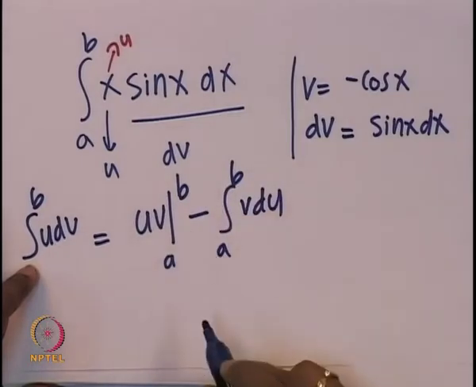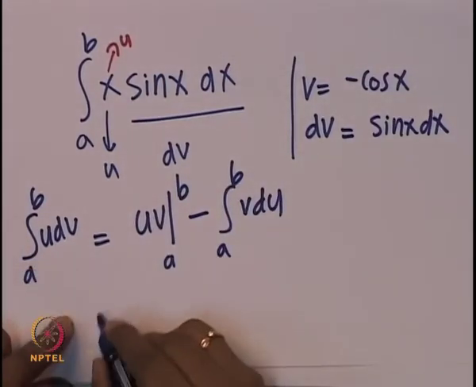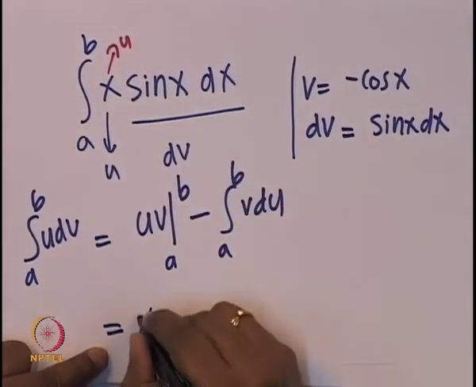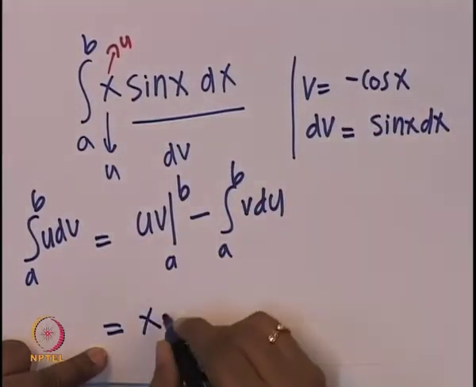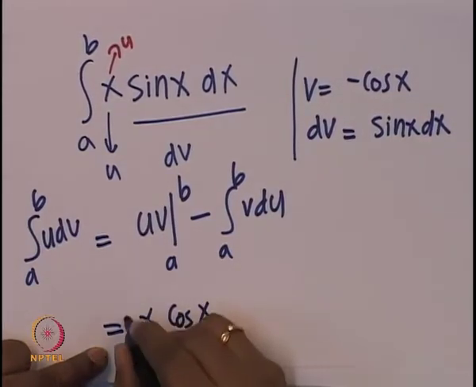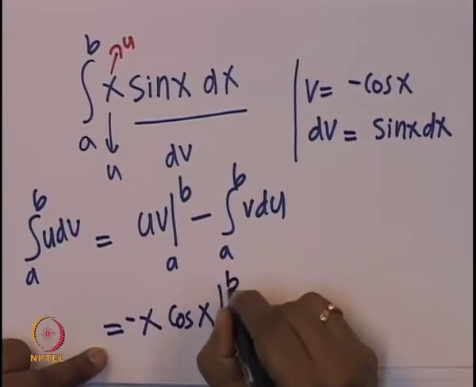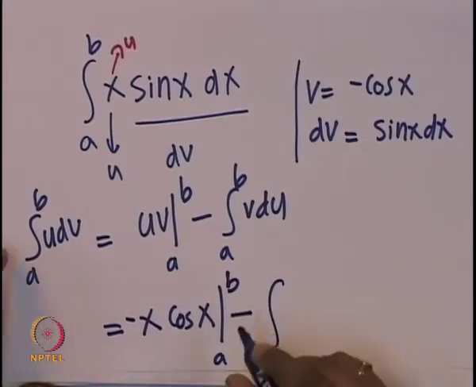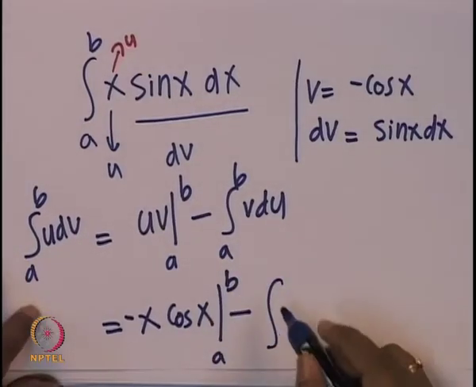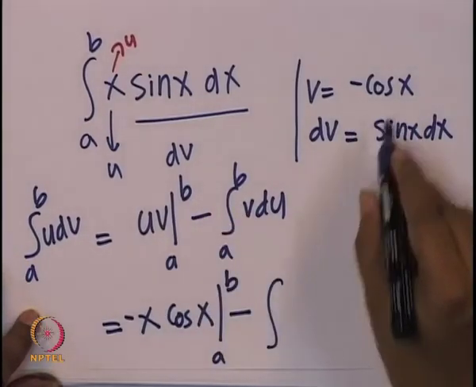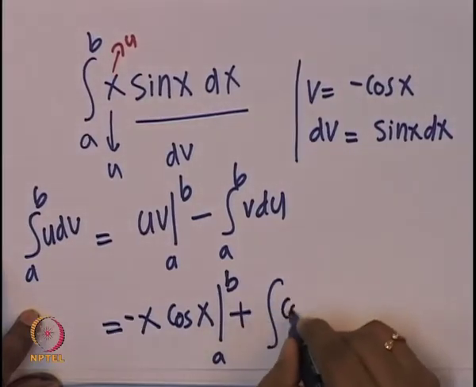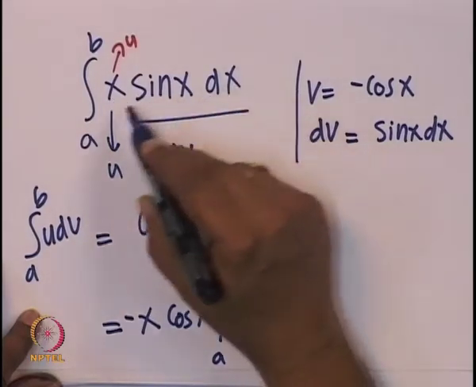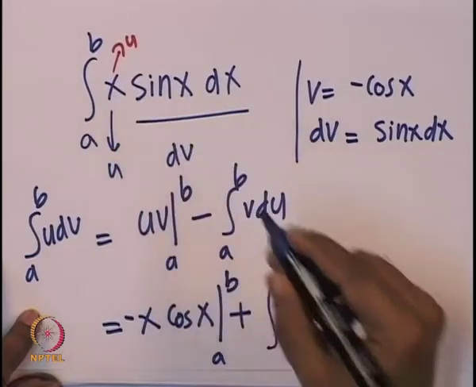So, let us do this. This is u into v: u is x and v is minus cos x, in the limit a to b, minus integral v du. V here is minus cos x, so minus this will become plus cos x, and du is the derivative of x, which is 1.